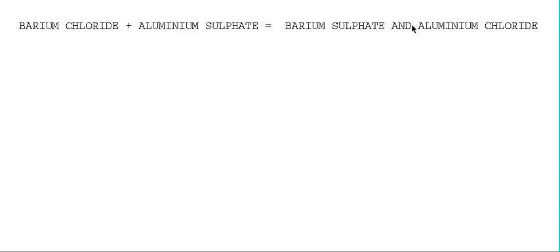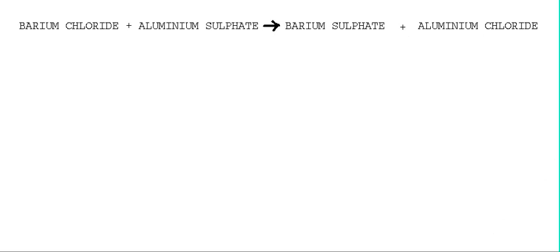We should write it this way. So our equation is barium chloride plus aluminium sulfate gives us barium sulfate plus aluminium chloride.